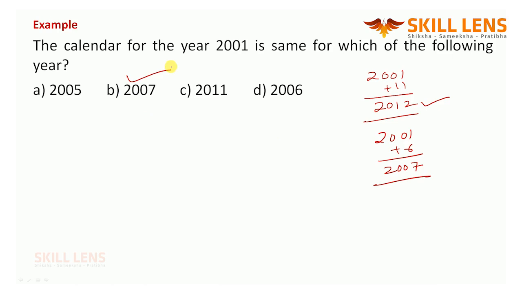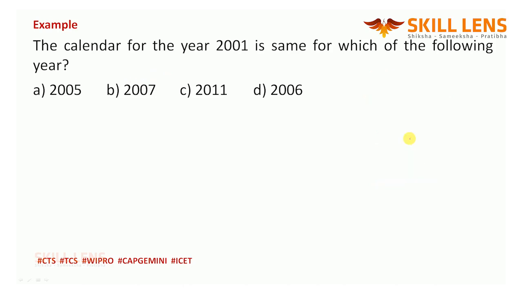That's it, guys. These types of questions you can see in Wipro, Capgemini, iSET and CTS examinations. See how simply we can answer the questions. Because 2001 plus 11, 2012 is a leap year. For the same calendar, it should not be a leap year. 2001 plus 6, 2007 is a normal year, and 2001 is also a normal year. That's how you can get your answers easily.